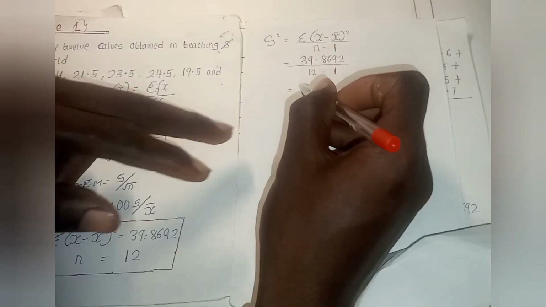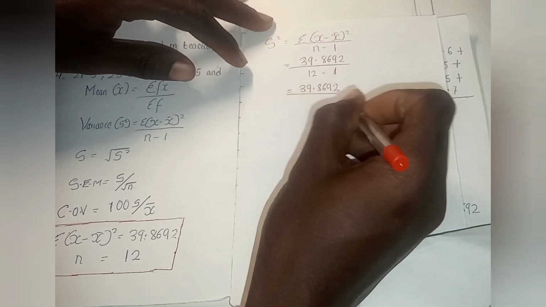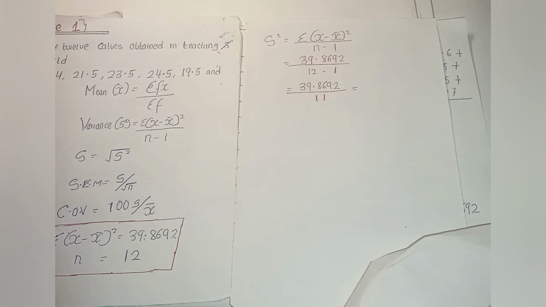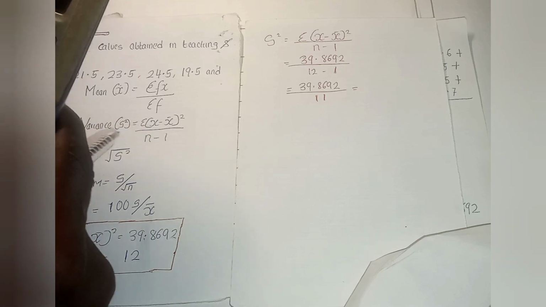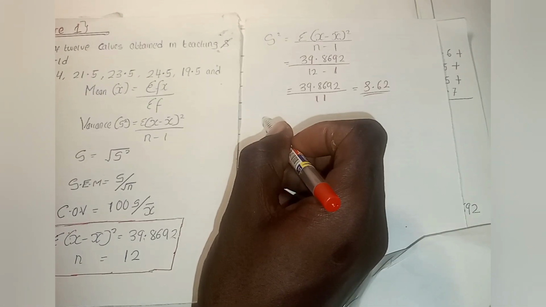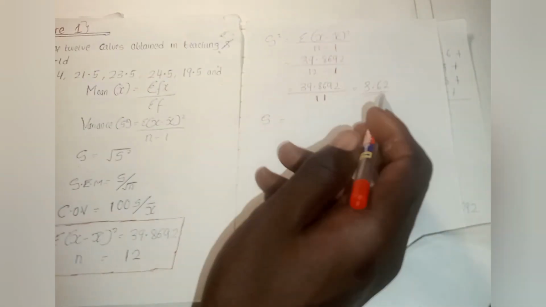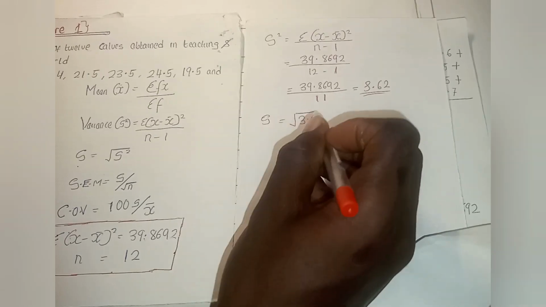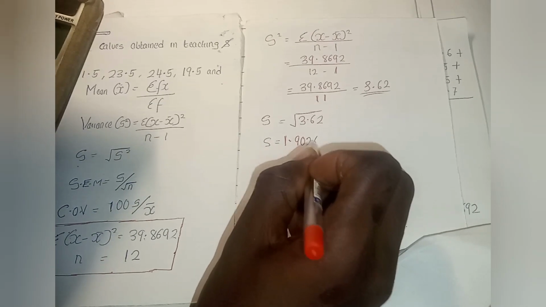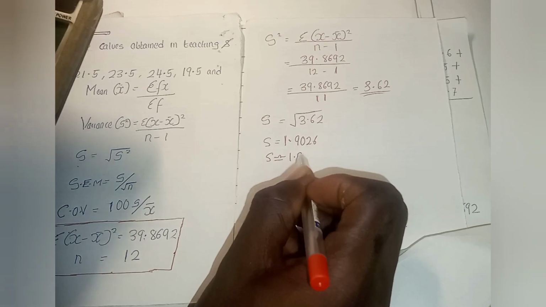So my variance is 39.8692 divided by 11, which is 3.62. That's my variance. My standard deviation is represented by s, which is the square root of variance. So s is the square root of 3.62, that's 1.9026. I can approximate to 2 decimal places, 1.90.